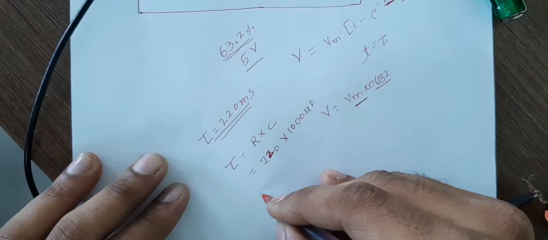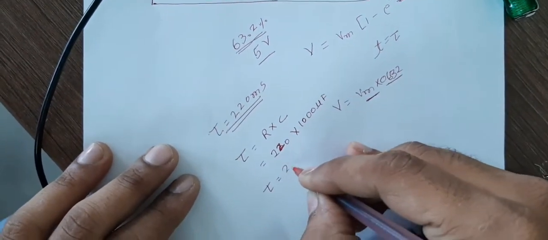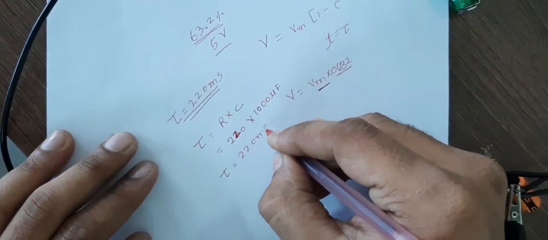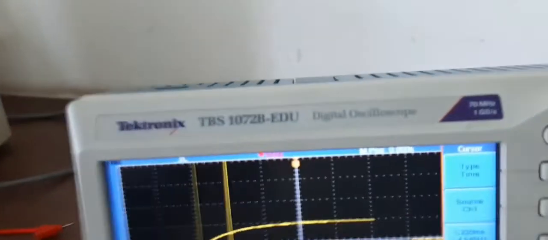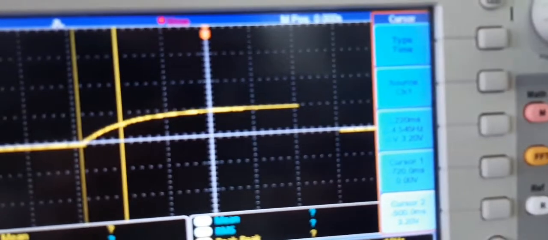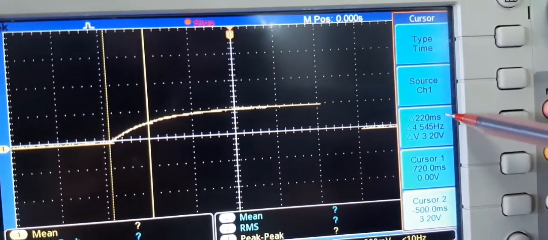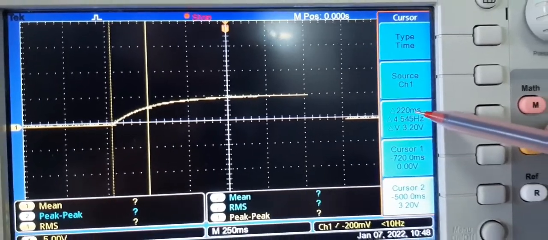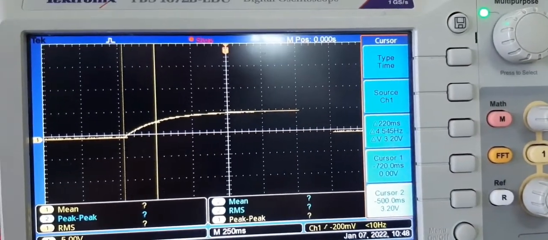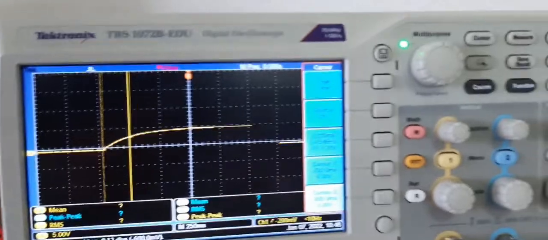If you multiply these two, we have tau equals exactly 220 milliseconds. So in this manner we can verify our time constant tau. Here also we are getting the tau value of 220 milliseconds. So in this manner we can verify the time constant for the RC circuit. Thank you.